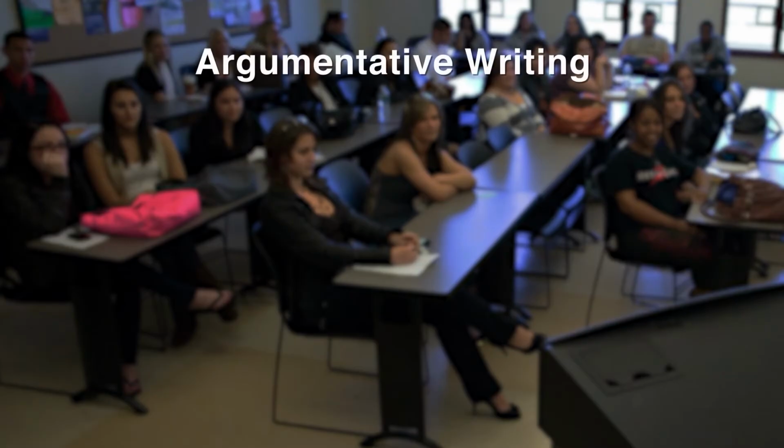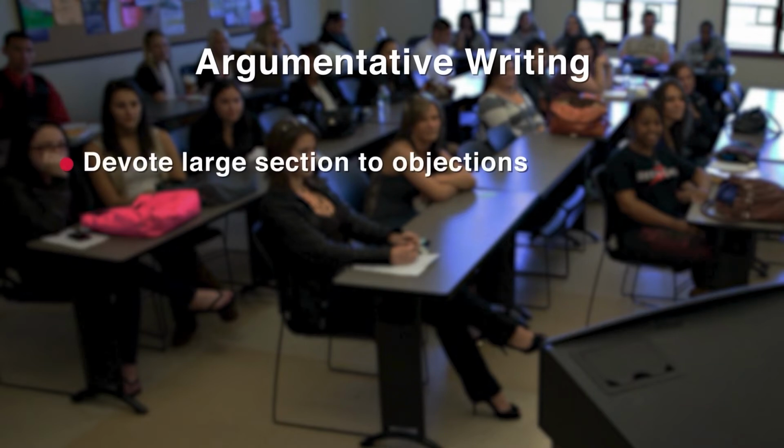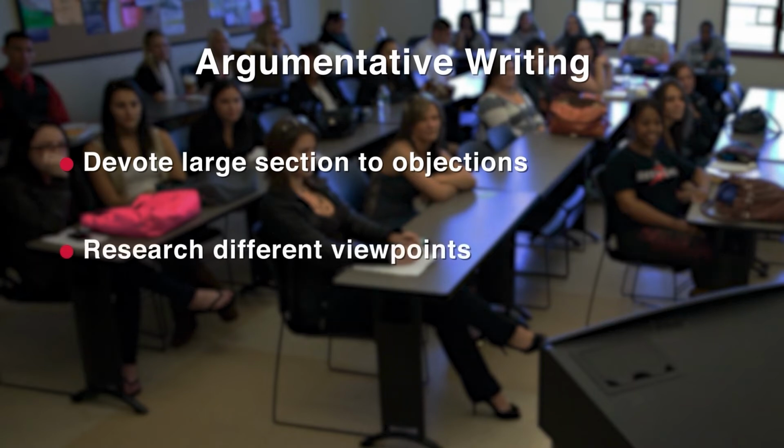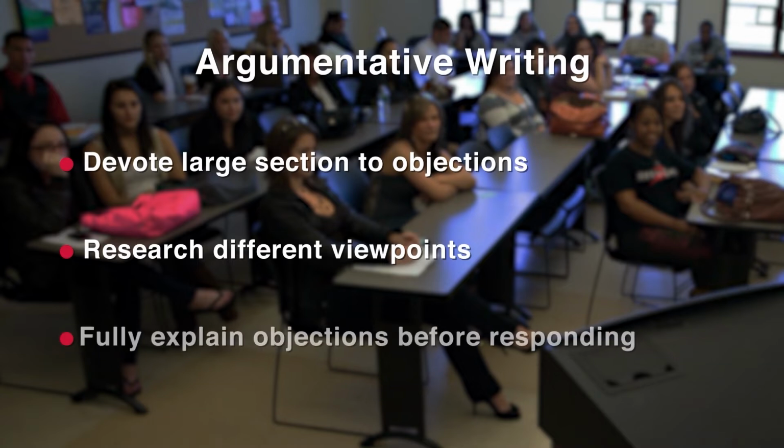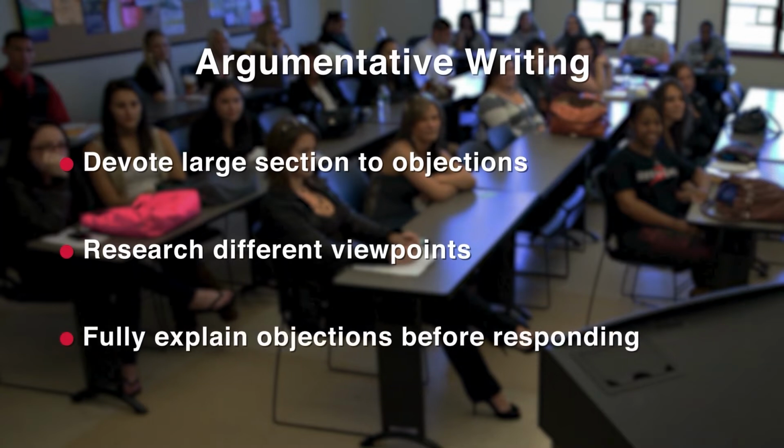So oftentimes you have to require them to devote a significant proportion of the paper to reasonable, persuasive, plausible objections from different viewpoints, and get them to explain and describe that objection fully before they respond to it.